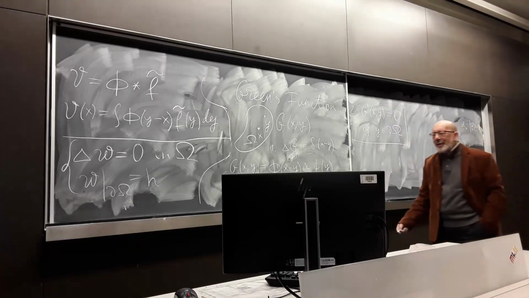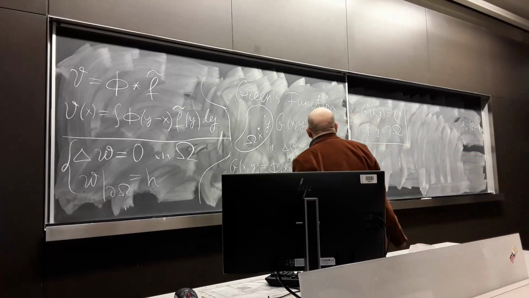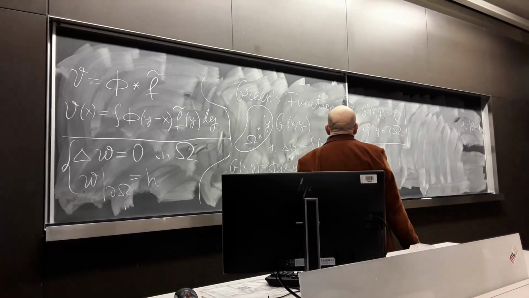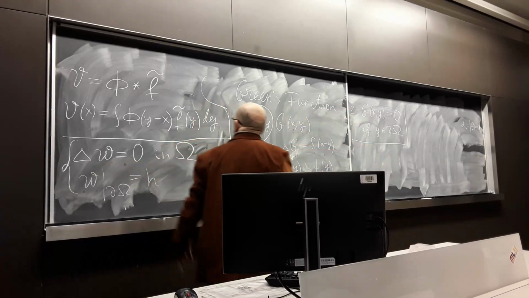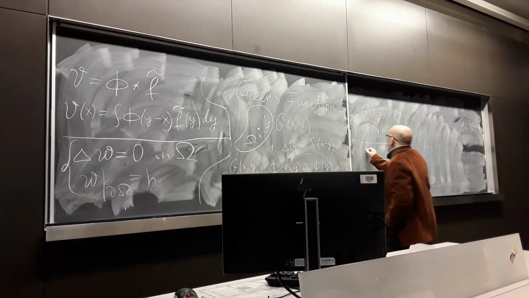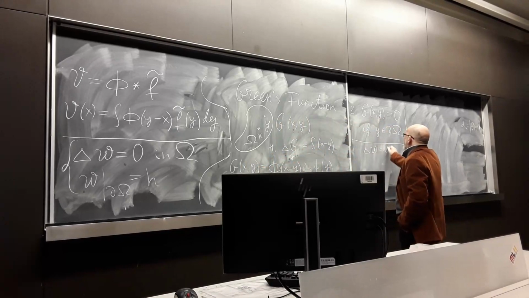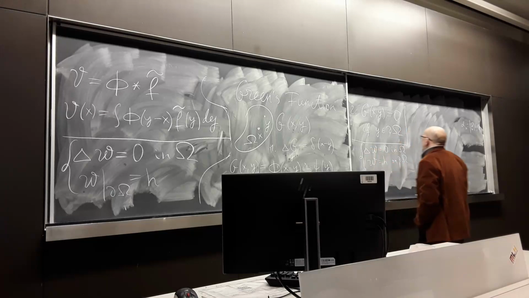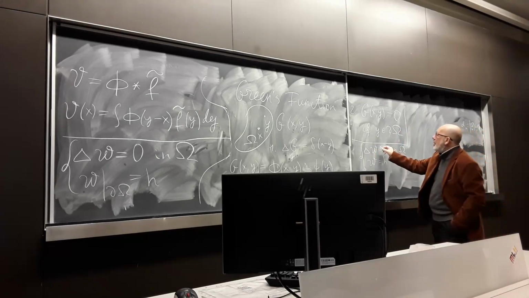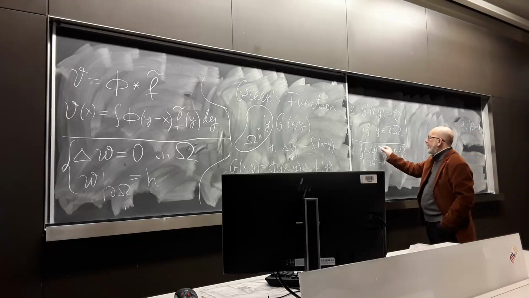Now another thing is that if you look at the possible solution of this problem, Laplacian W is 0 in omega, W is h on the boundary of omega, so it is our solution W of y.